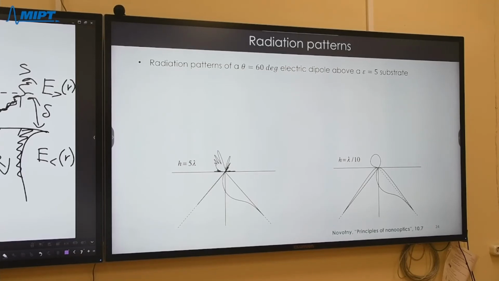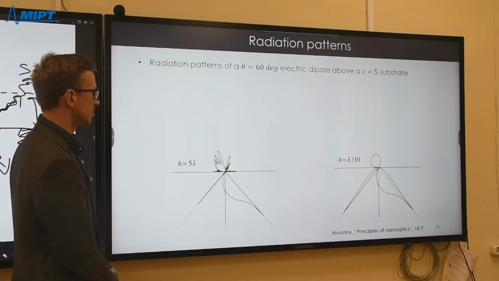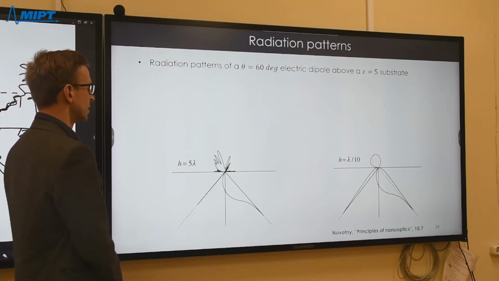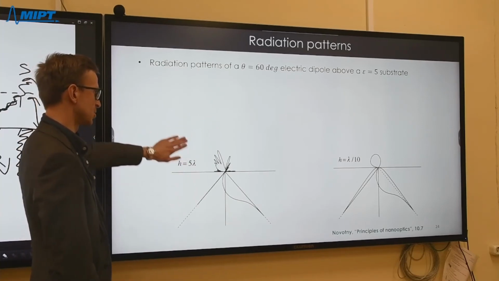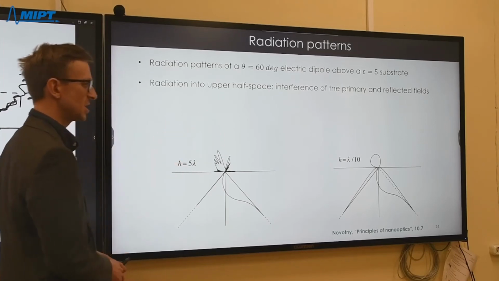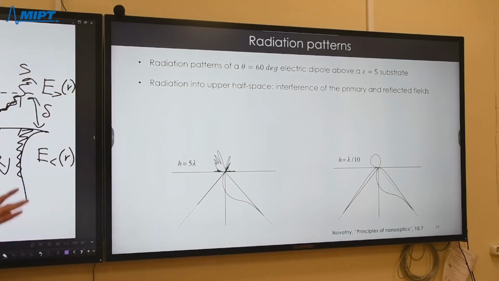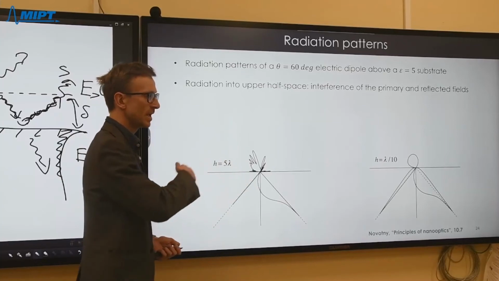And they display strikingly different radiation patterns. One can describe this behavior by separately addressing what happens in the superstrate and in the substrate. In the upper half space, the radiation produced by the dipole is a result of interference between the primary fields of the dipole and the reflected fields.